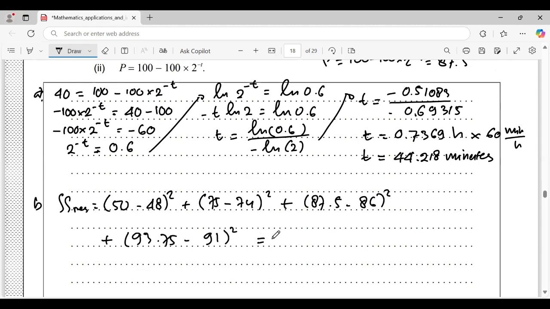And if you calculate, the result is 14.8125, which is approximately 14.8.